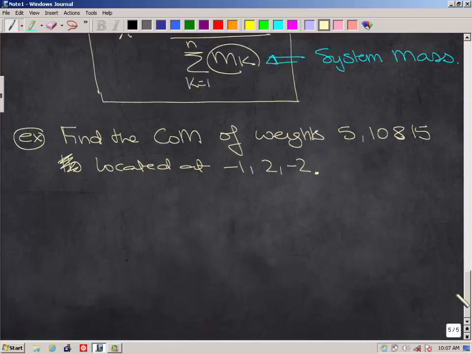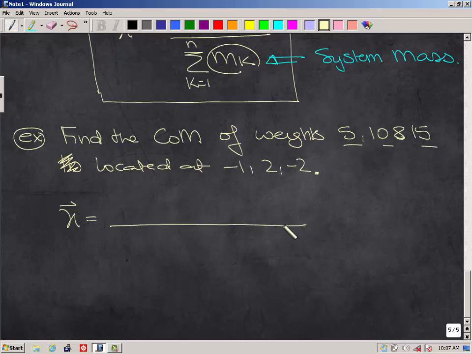So how do we do this? You can write it in summation notation, but since we only have 3 masses, we can just expand it and do it. In the bottom, we have the sum of all the masses, so it'll be 5 plus 10 plus 15. That'll be the denominator. On the top, we'll have the product of the mass and the signed distance.